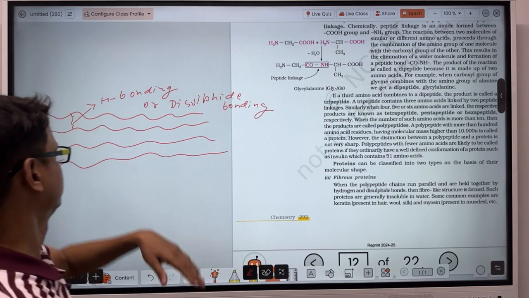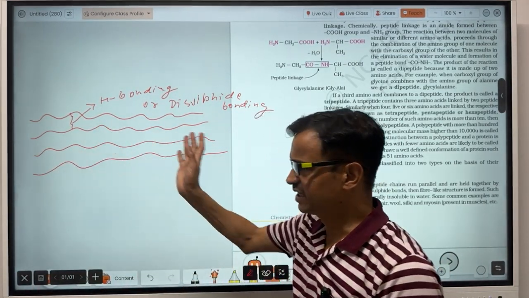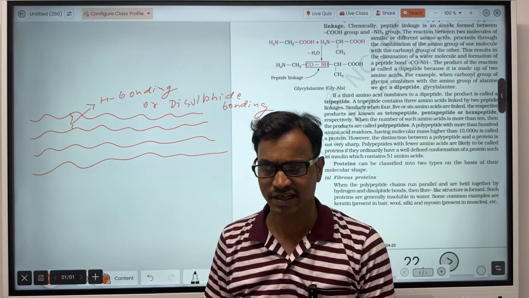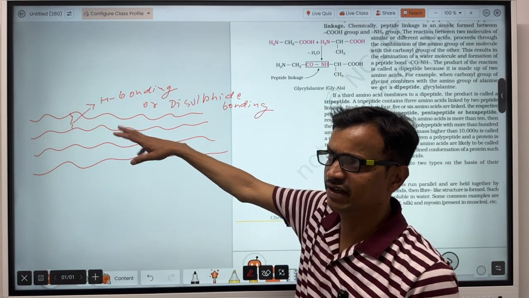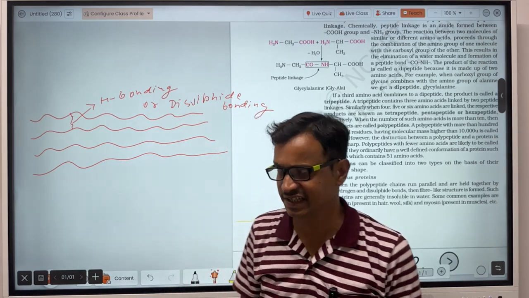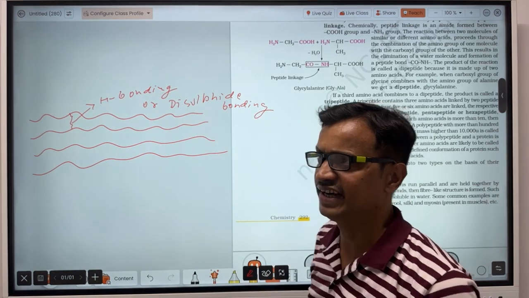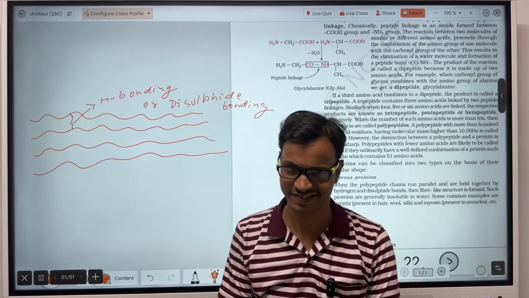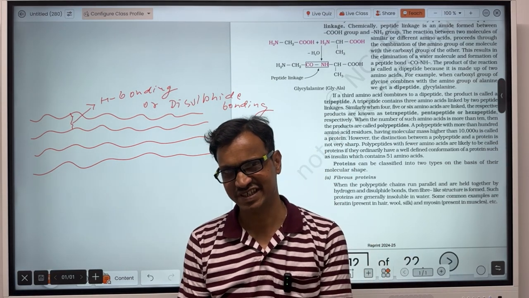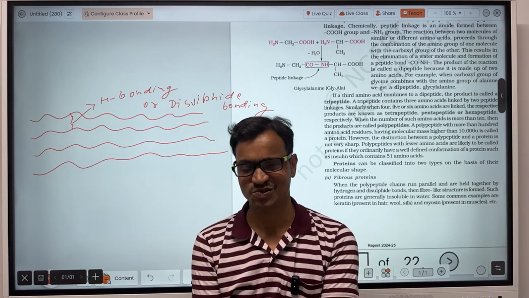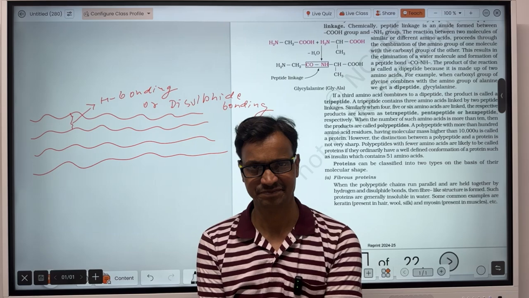Okay, this type of protein is insoluble in water because hydrogen bonding has already taken place here. So this type of protein is insoluble in water.